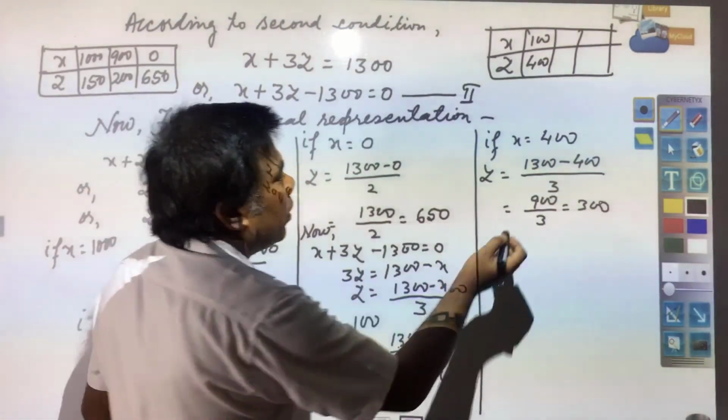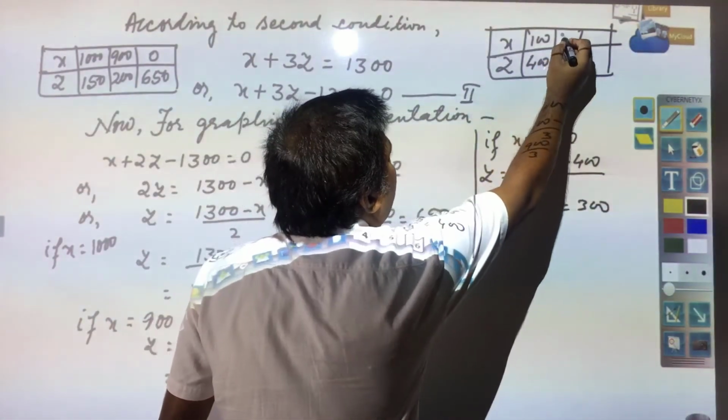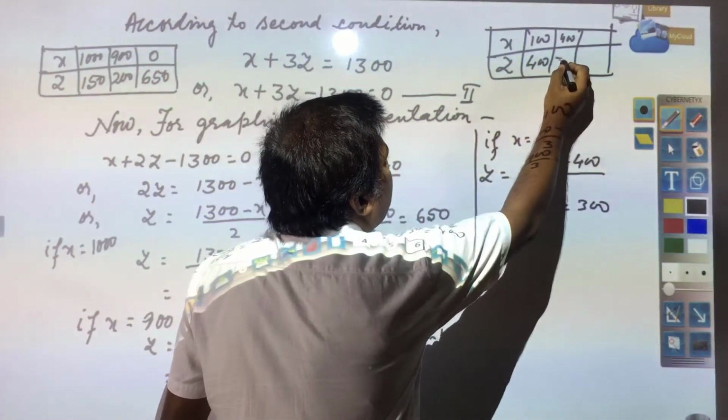So, when you have x is equal to 400, your y is 300.